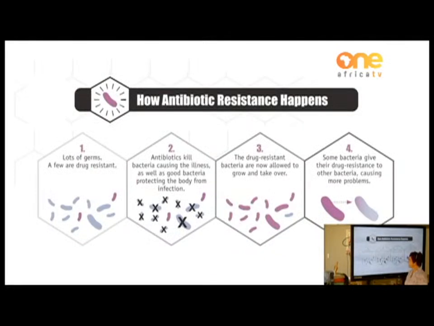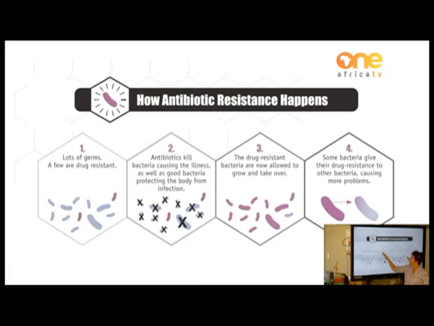So if we need to explain how antibiotics become resistant, we can say that we have a lot of bacteria in our body that cause an infection.